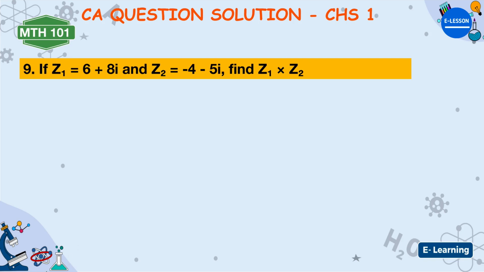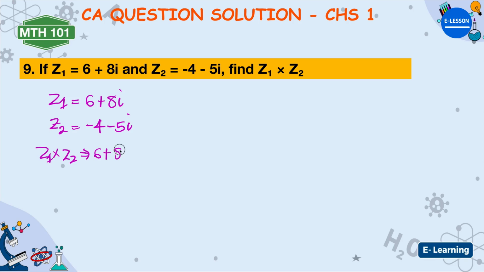If z1 is 6 plus 8i and z2 is minus 4 minus 5i, find z1 times z2. Now, this is normal multiplication of complex numbers. So to find z1 multiplied by z2, it becomes 6 plus 8i multiplied by minus 4 minus 5i. 6 times minus 4 will give us minus 24.